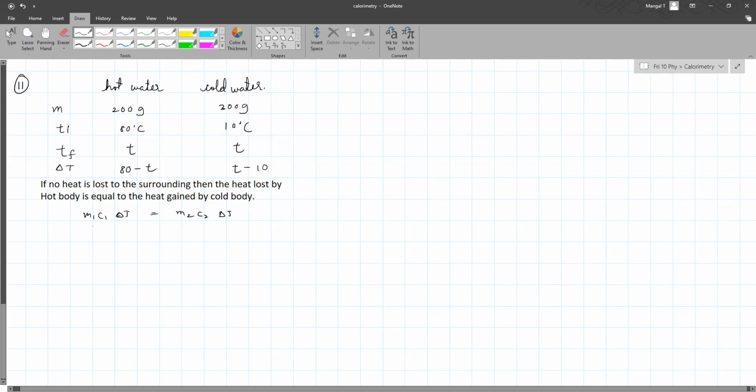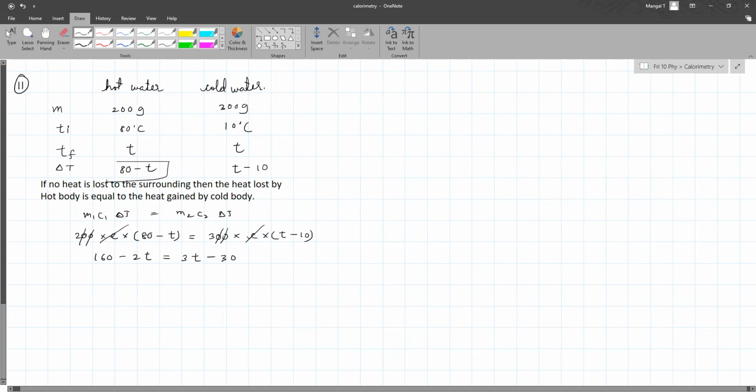So here we get 200 into C into 80 minus T, and 300 into T. Here we cancel this C and C because that is for water. So this will be 160 minus 2T, and this is 3T minus 30.